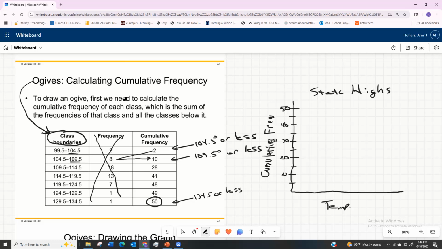Okay. Now, how do I label the temperature down here? Well, I'm going to go back and use the class boundaries. As far as labeling the x-axis, I'm going to start with the 99.5 again.